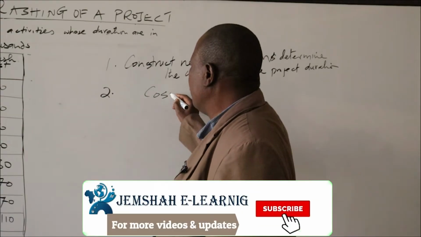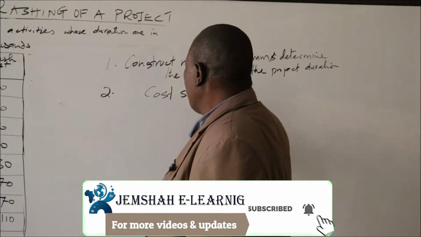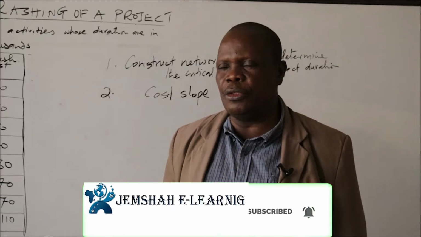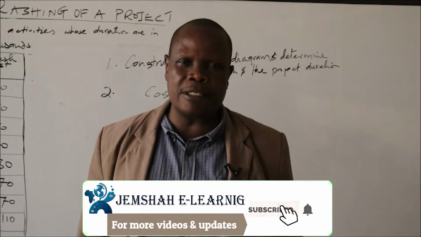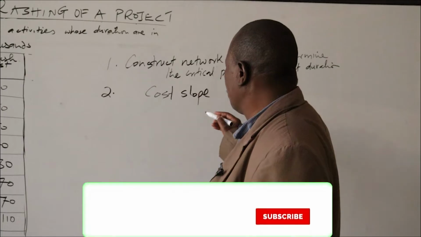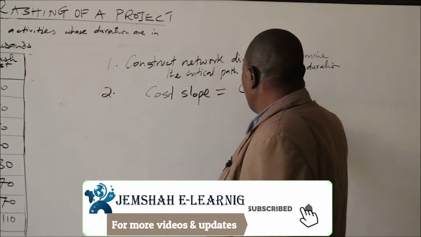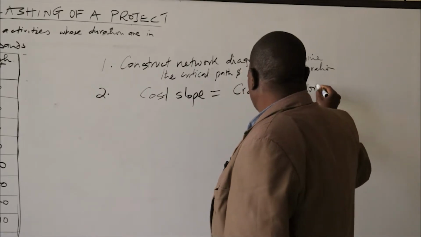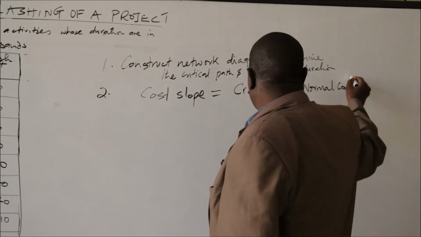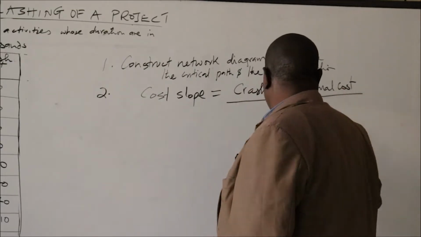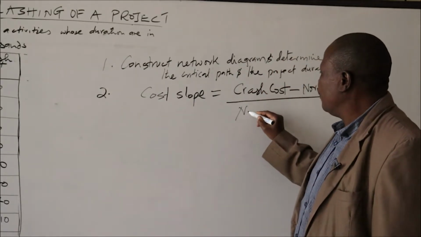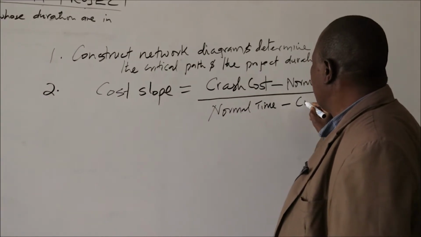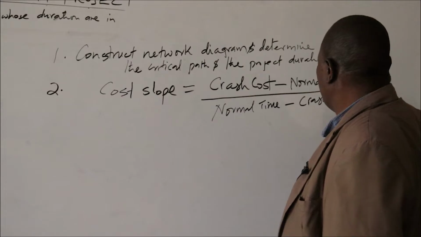Cost slope is defined as the average cost of shortening an activity duration, and it is calculated as cost slope is equal to crash cost minus normal cost, all over normal time minus crash time.